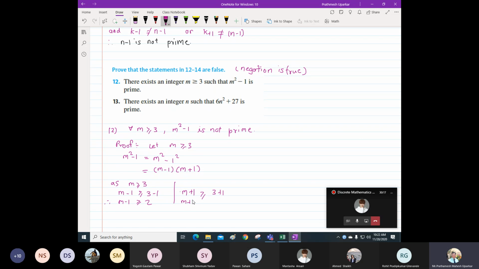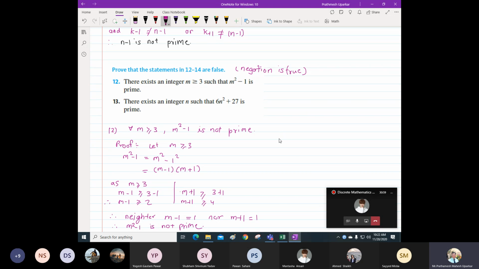That is, m plus 1 is greater than or equal to 4. Therefore, neither m minus 1 equal to 1 nor m plus 1 equal to 1. Therefore, m square minus 1 is not prime.